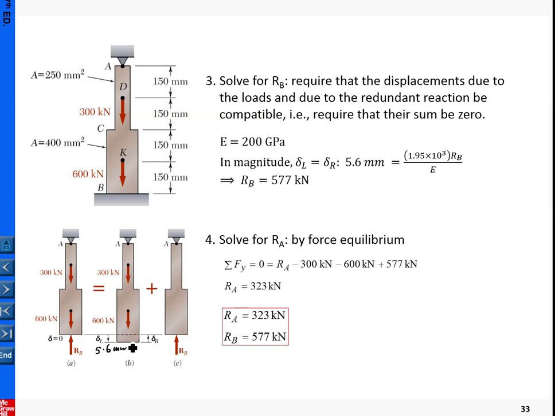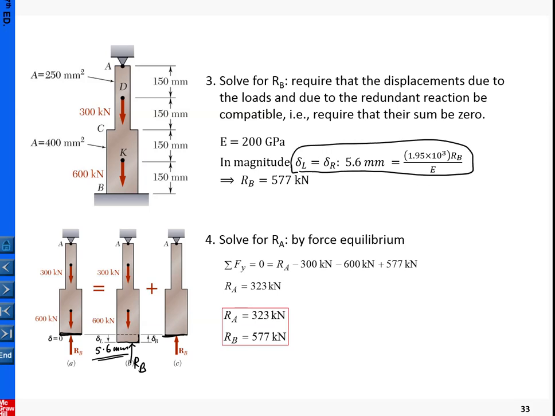Because this is an imaginary deformation, in reality this end must be maintained unmoved. So the purpose of the reaction is to push back. RB is to push back this imaginary deformation back to its unmoved position. So that means RB must push back by the same amount, 5.6. Okay, so in this way we have this statement.